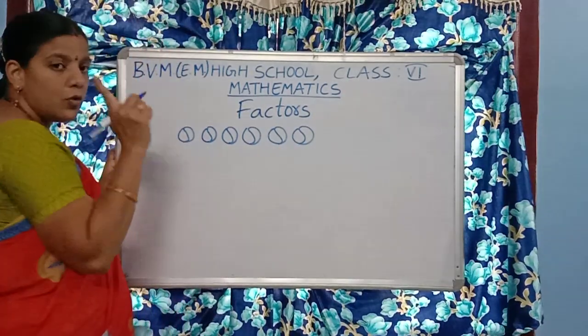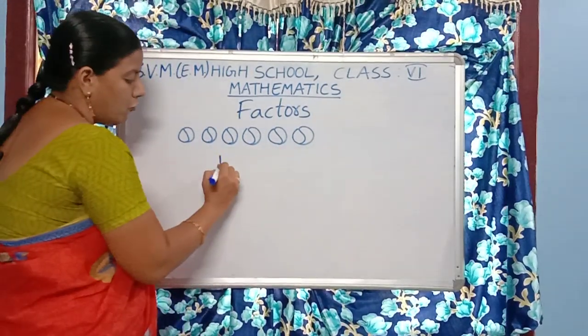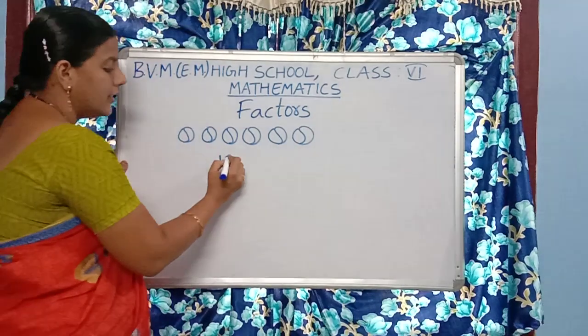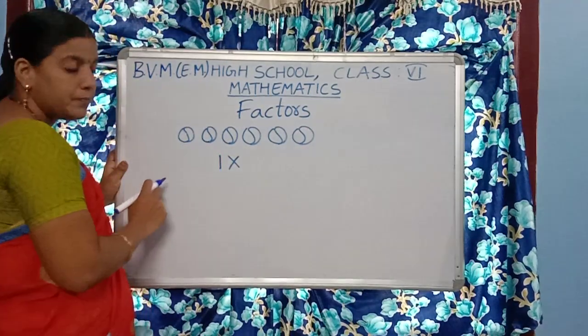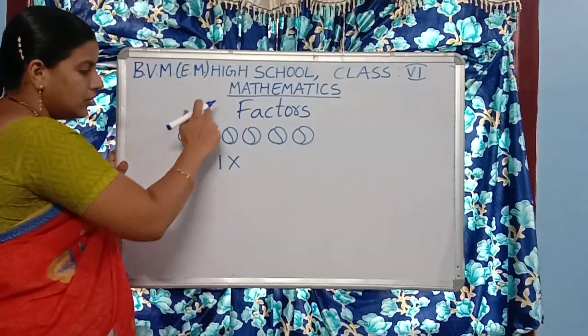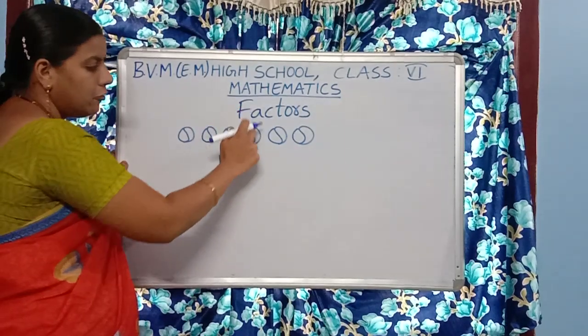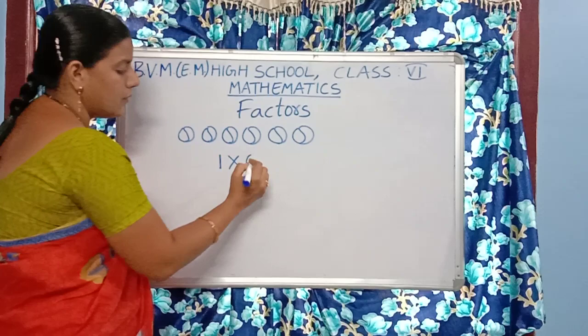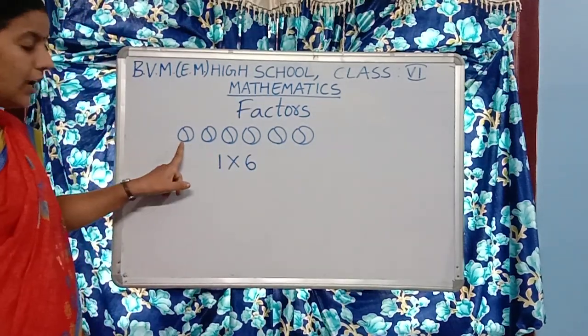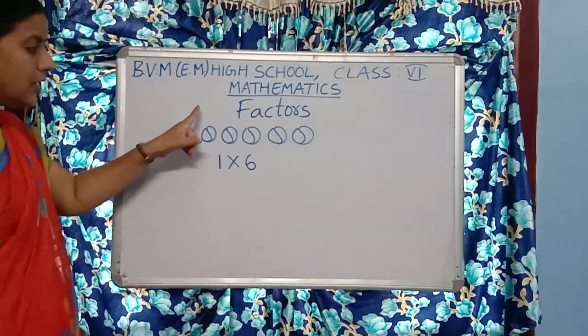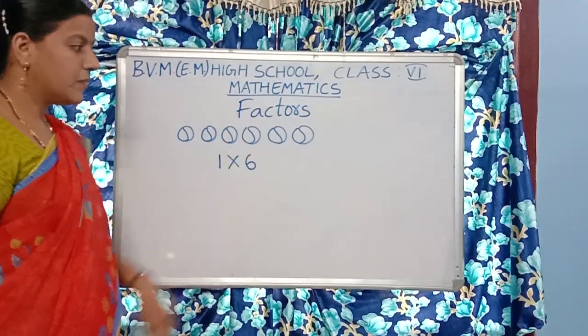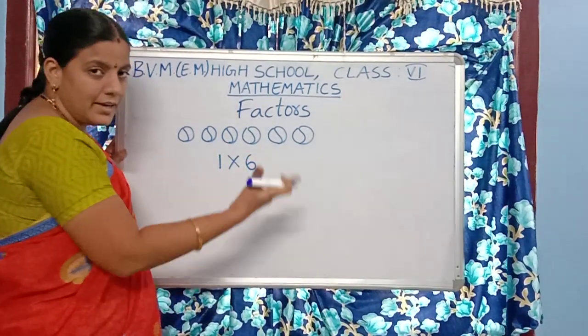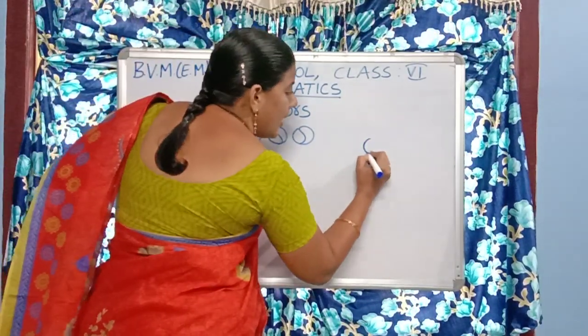One row. And how many columns? 1, 2, 3, 4, 5, 6. 6 columns. Okay? One row, 6 columns. I will arrange them like this.